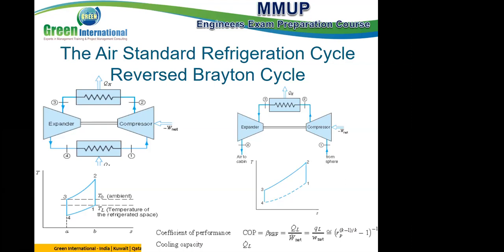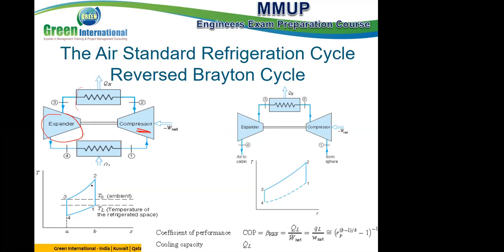The air standard refrigeration cycle: what are the components? Almost the same as the previous one. Compressor here. This one is like the condenser, this like the evaporator. This is the expander.